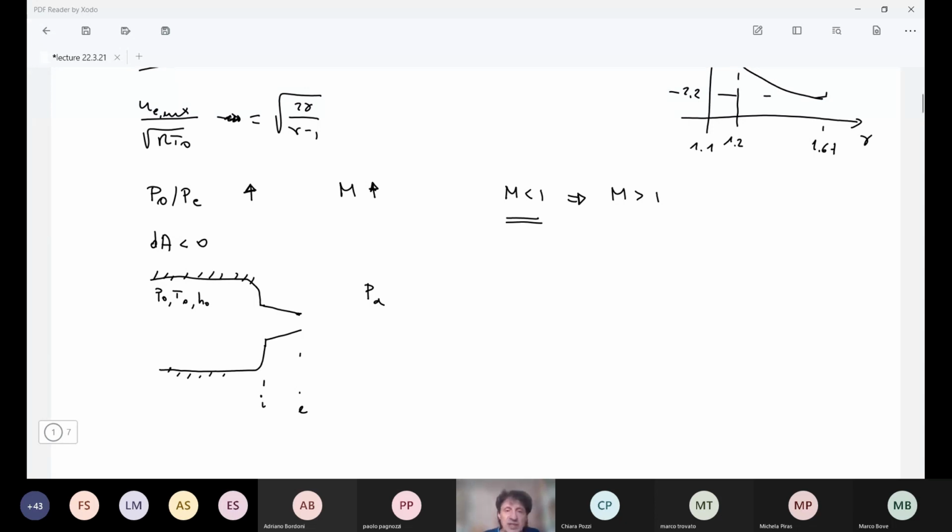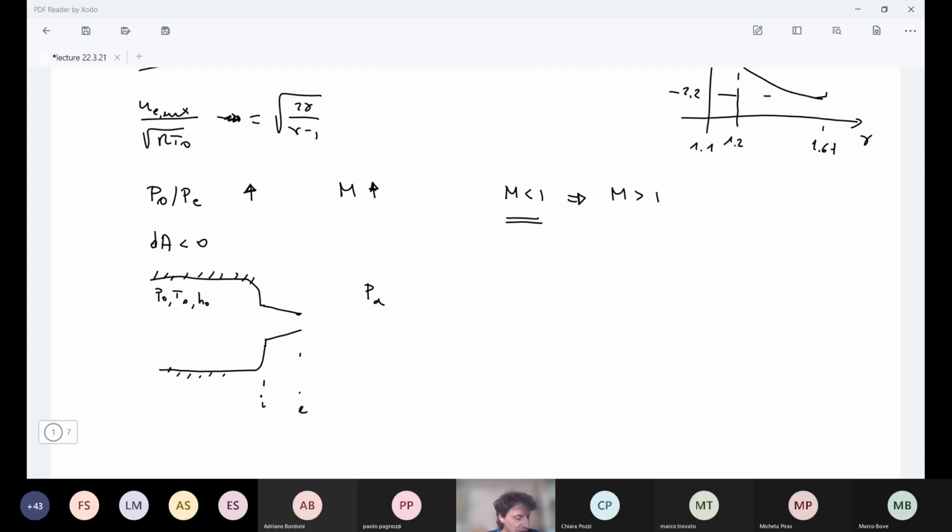So we can imagine that if this PA is slightly smaller than P0, there will be fluid motion. So we generate a flow within our converging channel, but probably the velocity will not be so high. It will be a small amount of flow rate. We can say this also based on our basic understanding.